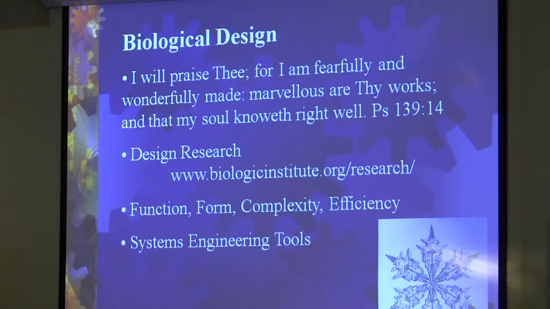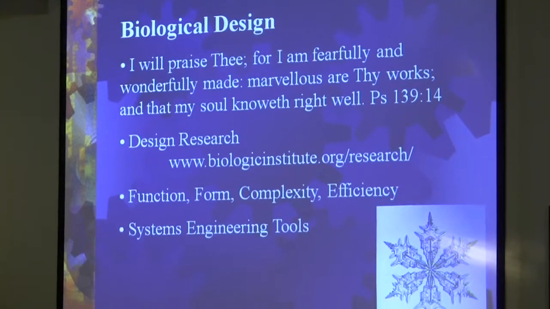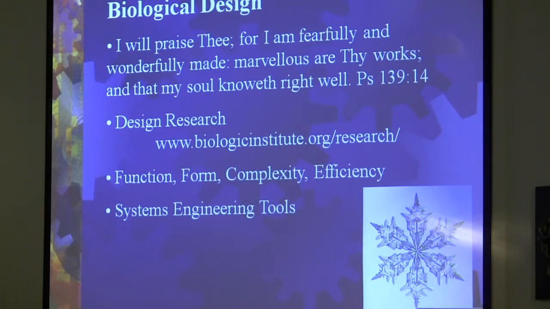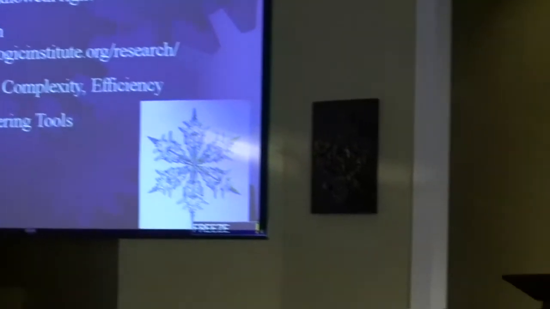I've got a little picture of something down in the right-hand corner. What is that picture? Snowflake. Now this is being used to promote the idea of evolution through fractal generation, because you can generate a snowflake mathematically by growing pictures. So they say, well, this represents the complexity of life. Does it really? It has form, it has complexity, but does it have a function? What would you say the function of a snowflake would be?